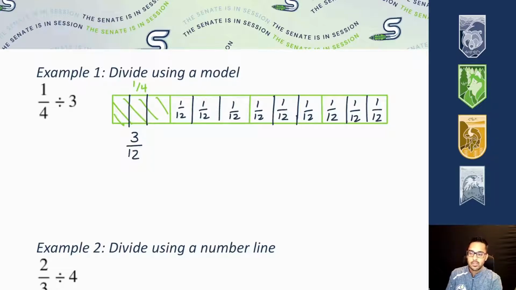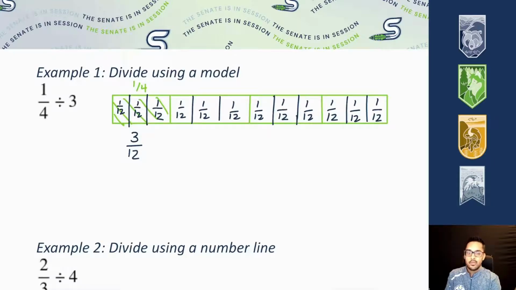Now, division is concerned with how large each group actually is. Since I've taken 1/4 and divided it by 3, each of those parts in that 1/4 section, and you can see they're both colored, is only 1/12 of the full piece.